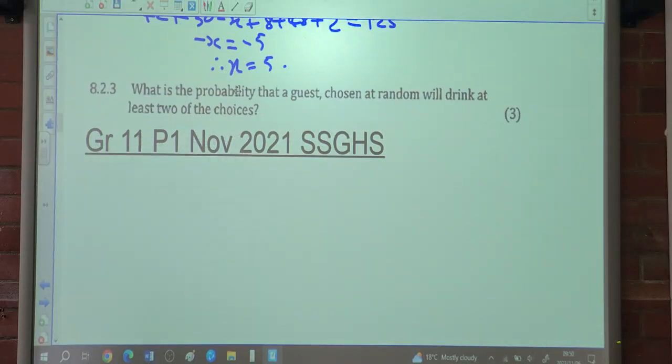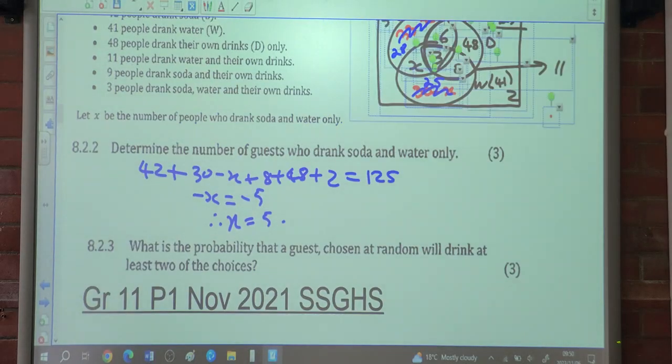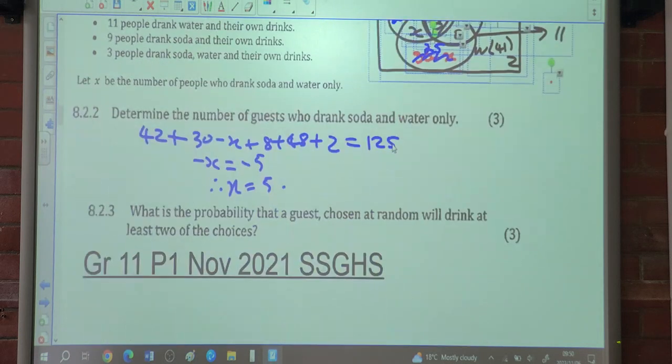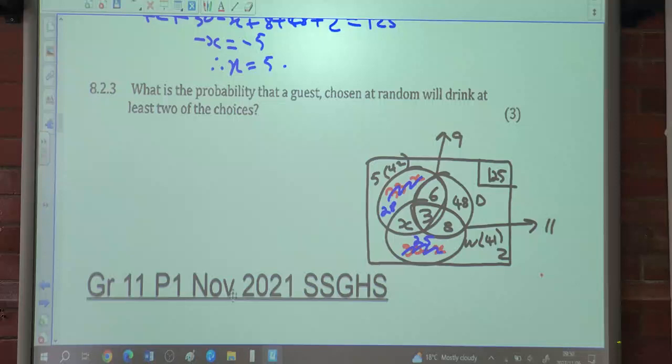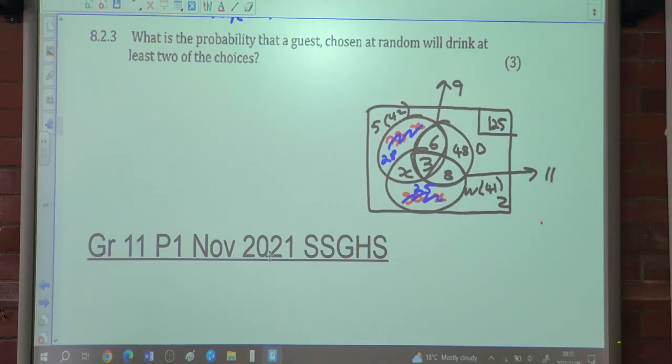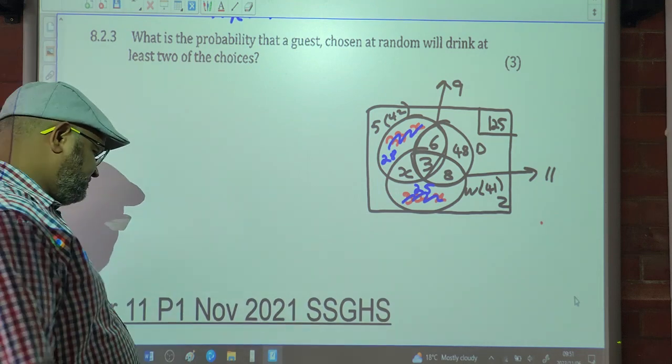What's the probability that the guest chosen at random will drink at least two of the choices? At least two.